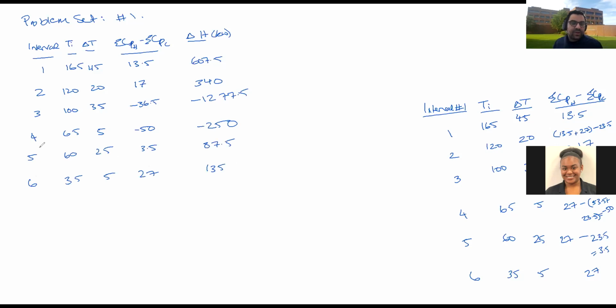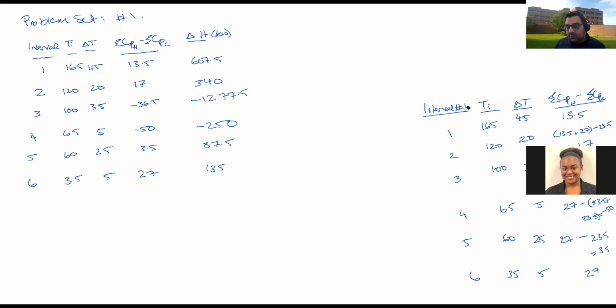Okay, so I populated this interval table, and once you get to this point, you have all the information you need to build your cascade diagram, right? So I have my initial temperature of each interval, and I have my enthalpy in each interval, right?